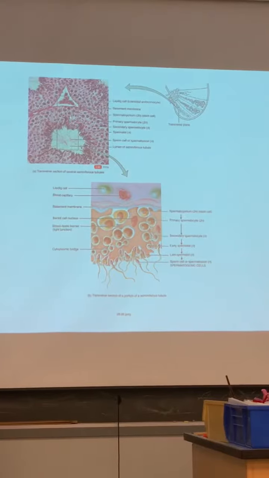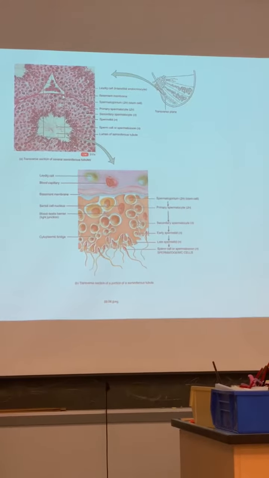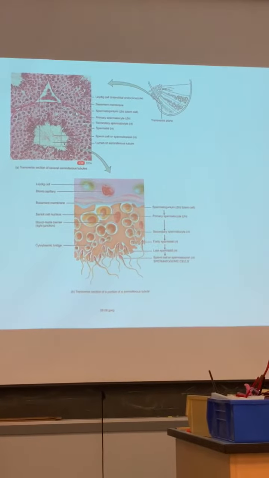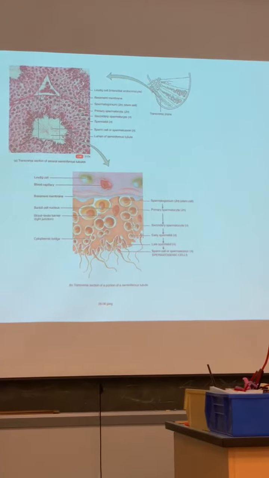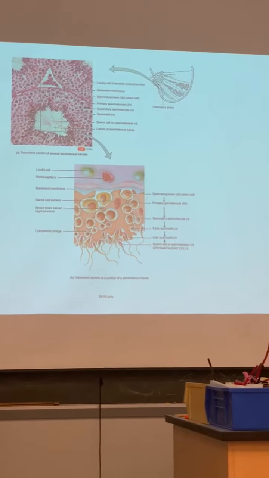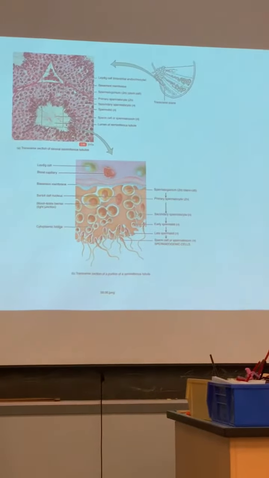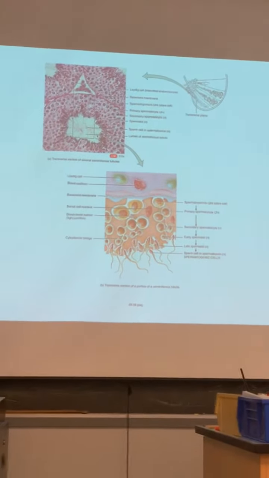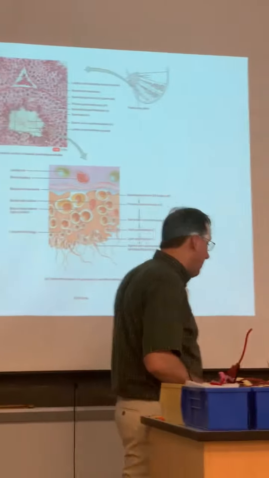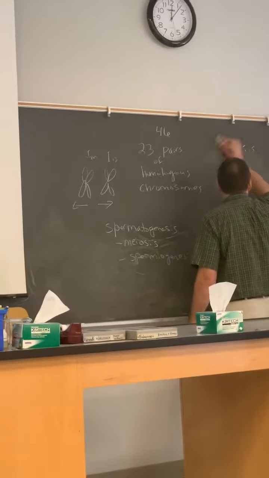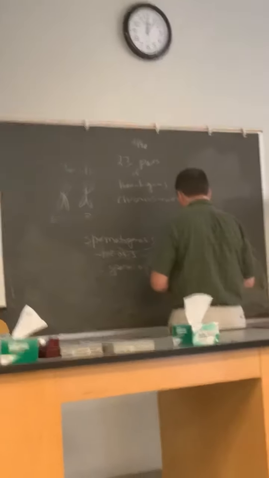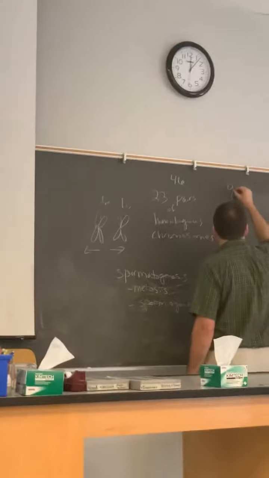And what's going to happen is stem cells are going to be reproduced here just beneath the basement membrane that surrounds this tube. These are the stem cells for producing gametes. Those are sometimes called germ cells.